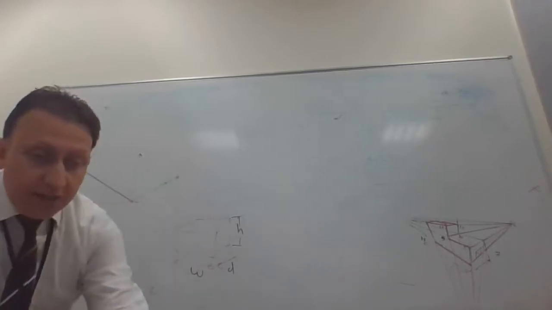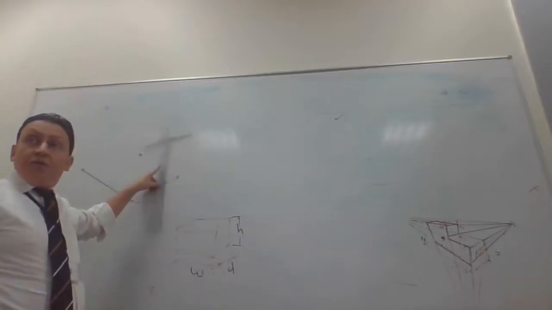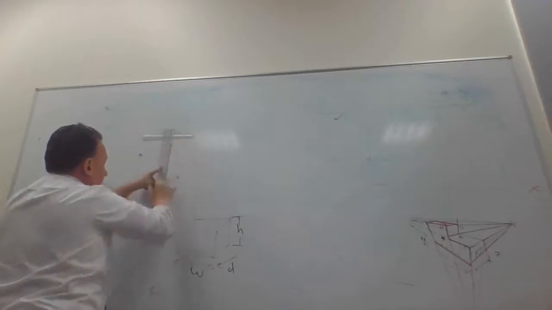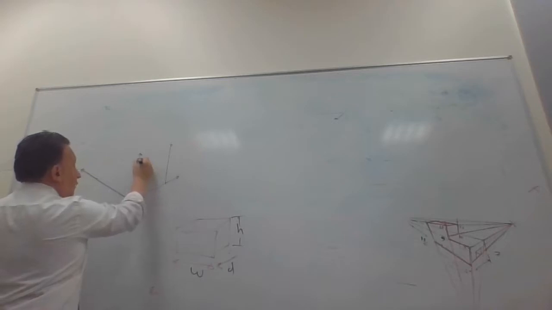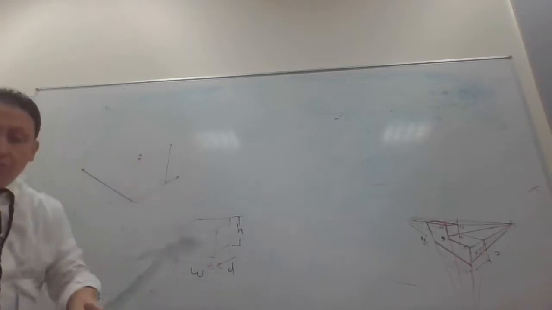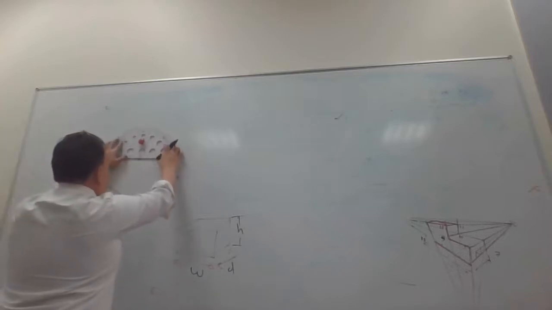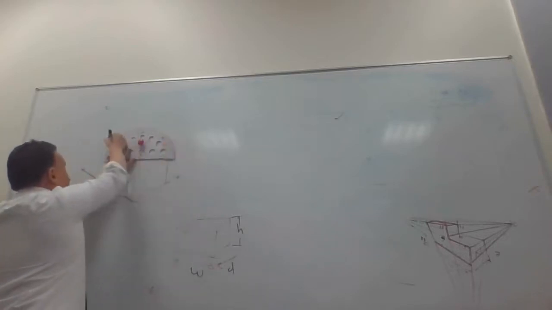So, who can tell me what's the angle of this line here? Should be what? Vertical, yeah? Yes. Okay. Now, I will put here the height. I will decide to end the height here. I should use what? Protractor. Put it here. 30 degree. 30 degree.